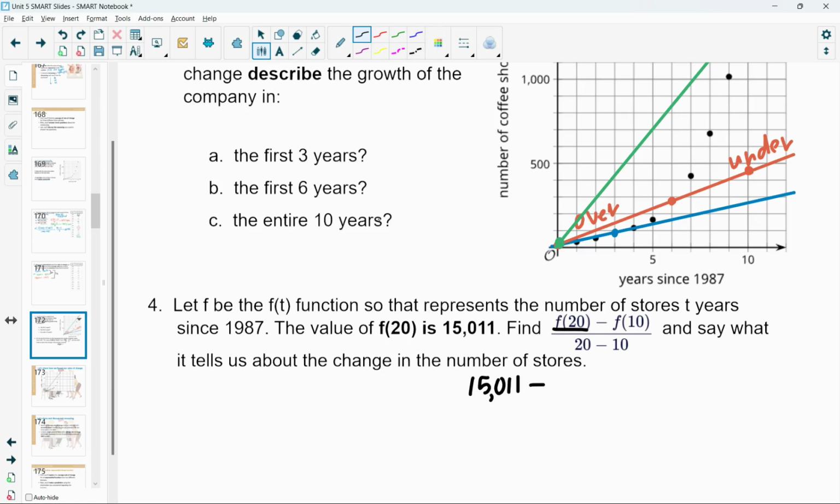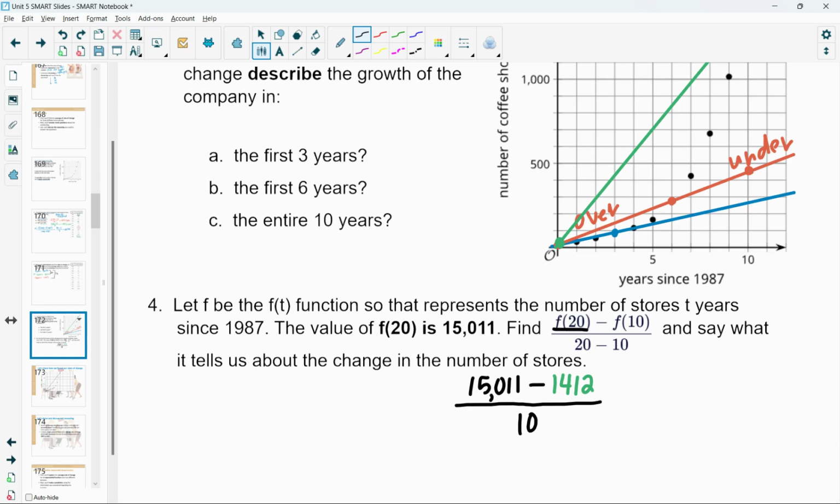And then we're going to subtract F of 10, which was the number of stores 10 years in, which we know from the table is 1,412 because it's the 1997 value. And then we'll divide by 20 minus 10, which is 20 years minus 10 years. So this is over a 10-year period.